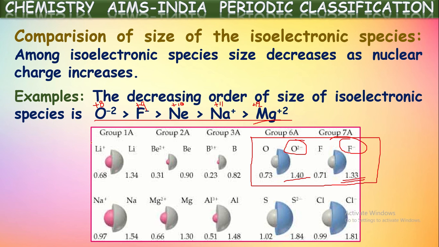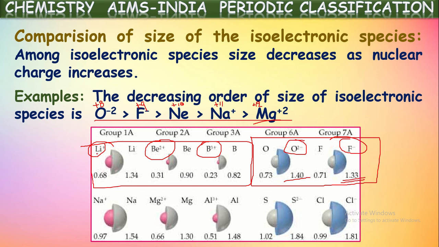And if you compare these three, Li plus, Be2 plus, B3 plus, these three are isoelectronic, isn't it? All have two electrons in them. Now, out of these all, which has the greater nuclear charge? B3 plus, because it has 5 units of positive charge, whereas beryllium has only 4 units and lithium has 3 units.